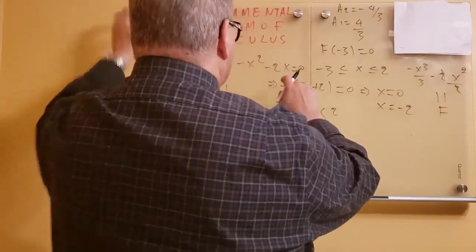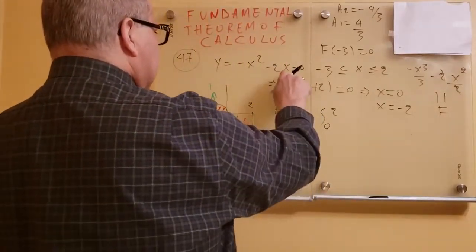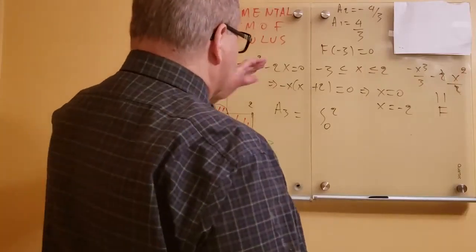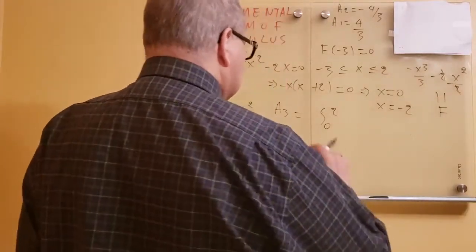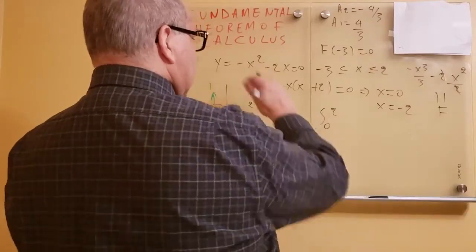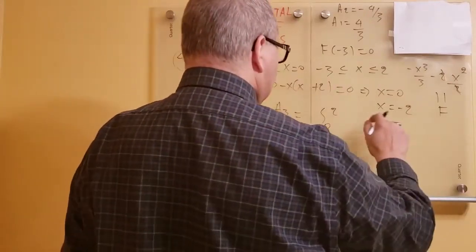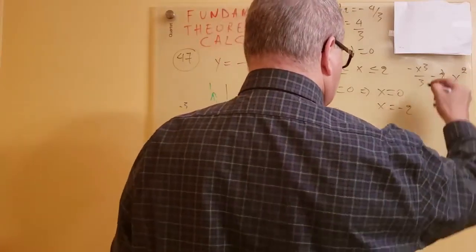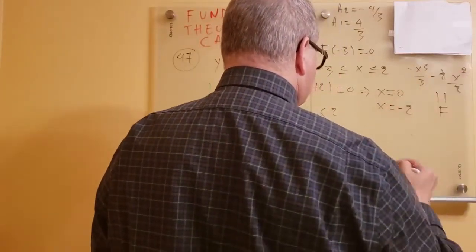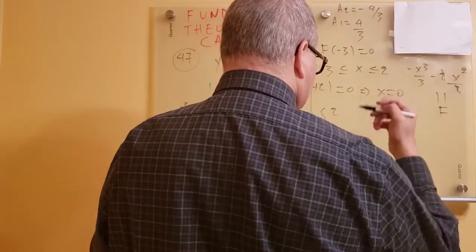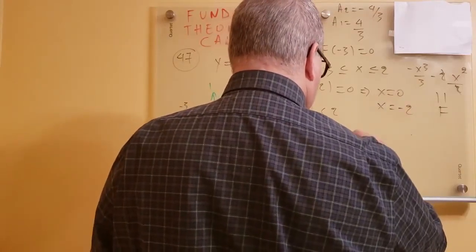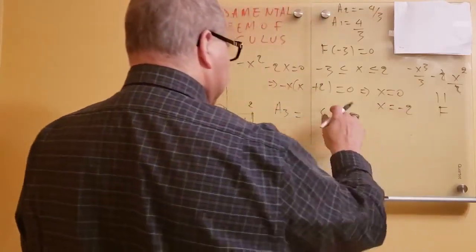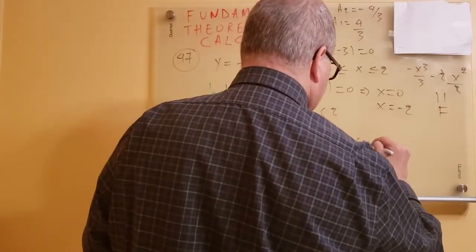Again, this graph here is part of the graph of this function here, so that means you have to find the definite integral of this function, which we know that the antiderivative F is equal with this here. So you have to find the F at the upper limit, so you have to find the F at 2.